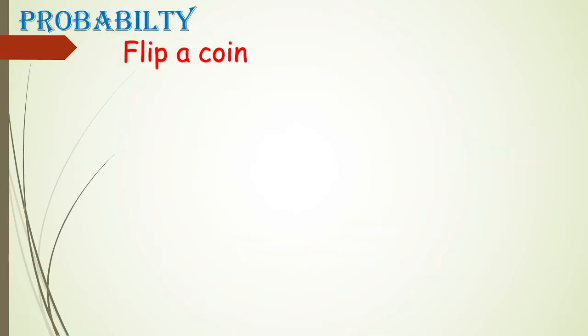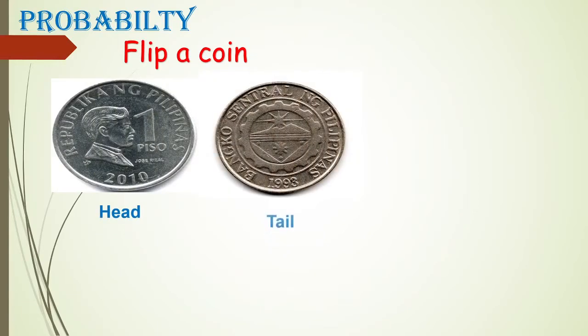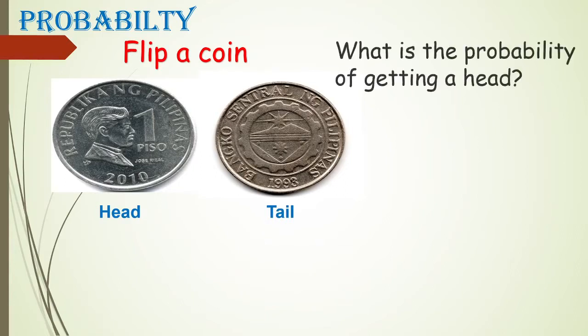Let's have our first example. Let's flip a coin. Right, when you flip a coin, the results are simply, or the outcomes are simply heads and tails. Okay? So, this is now my question. What is the probability of getting a head? Now, this is the question now.